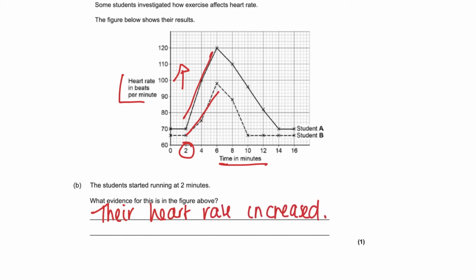Okay. C. So for how many minutes did the students run? Well, we know that they started running at 2 minutes because it told us in the question before. We can see their heart rate has increased here. Their heart rate decreases here, and then it returns back to resting over here, doesn't it? So this is their resting again.